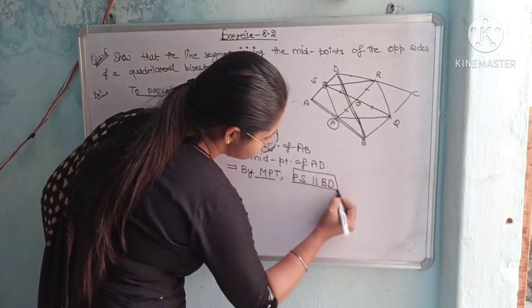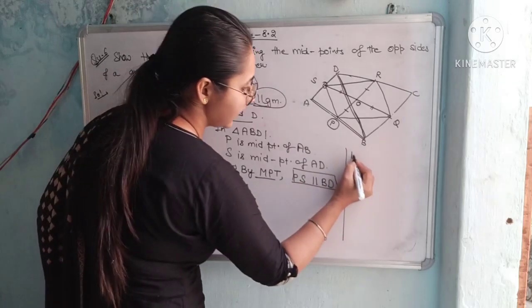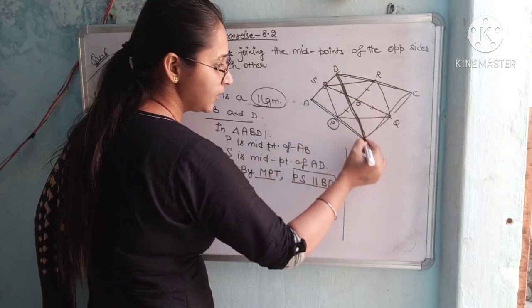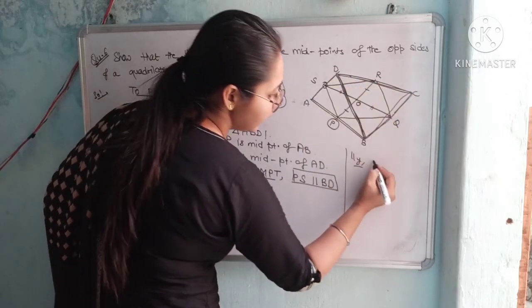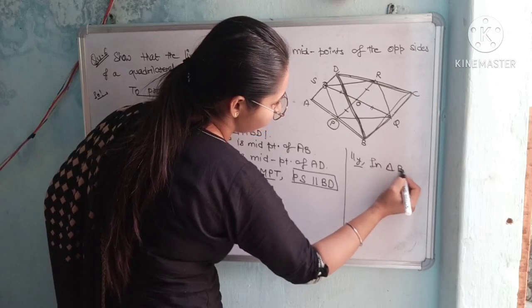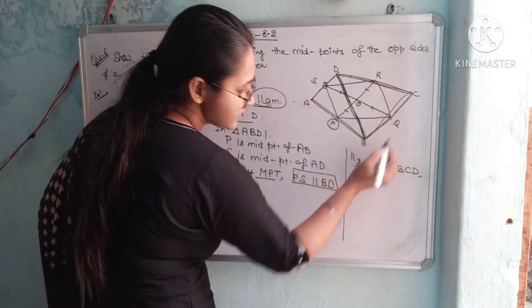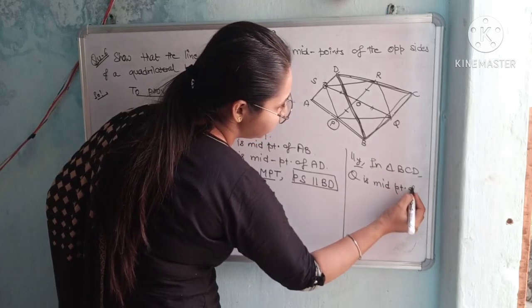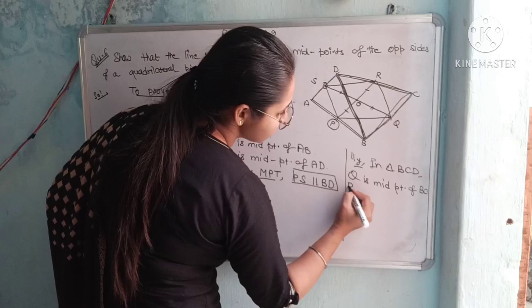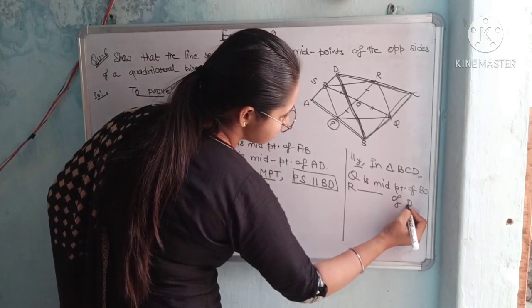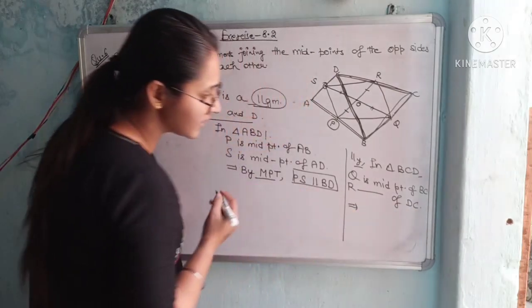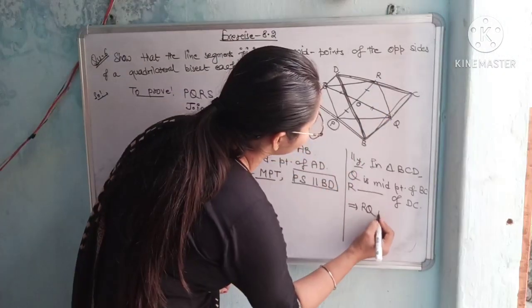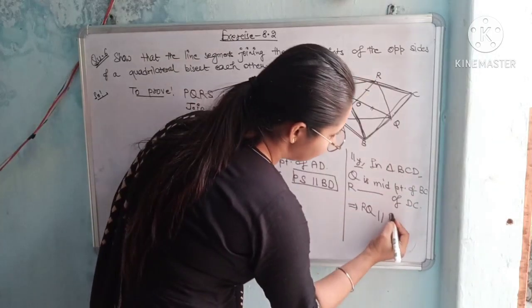Very good. Similarly, you can say in triangle BCD, we have Q is the midpoint of BC and R is the midpoint of DC. It means the line segment joining Q and R, that is RQ, is parallel to the third side, which is BD.